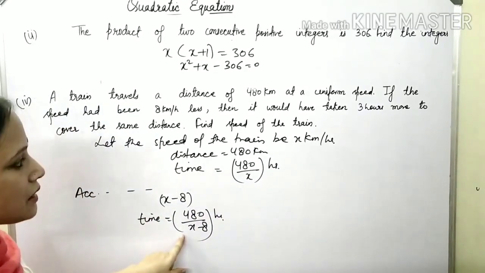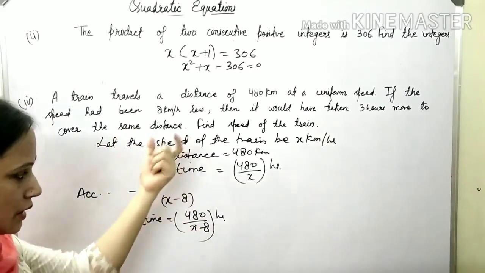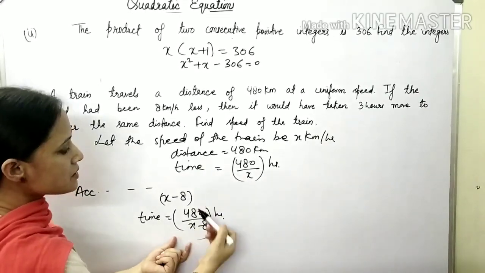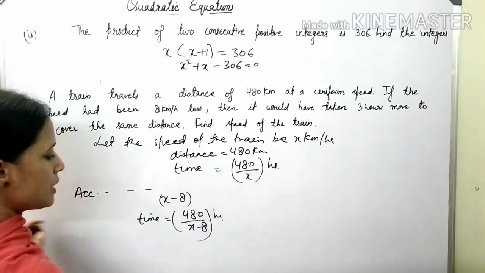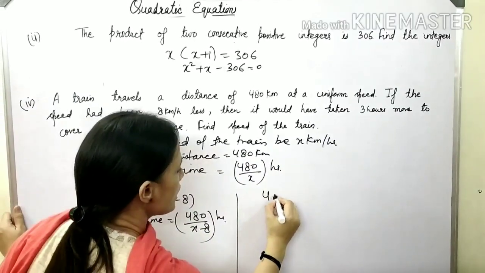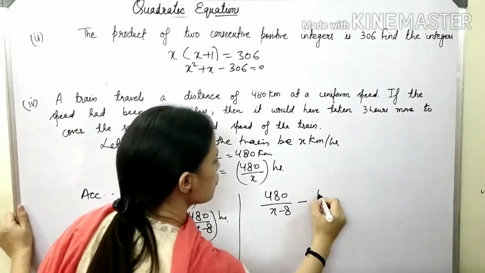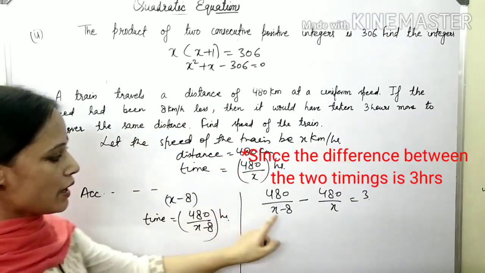And it is taking 3 hours more to cover the same distance. So how are we going to frame the equation here? See, this time is 3 hours more than the original time. That is the scheduled time. So how can we frame? 480 upon x minus 8 minus 480 upon x is equal to 3 hours. So we got the equation.